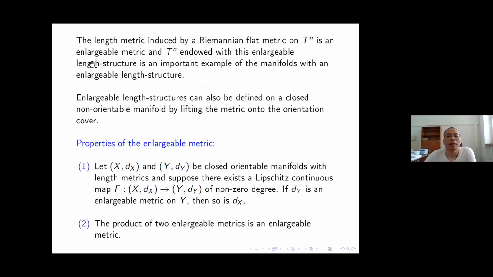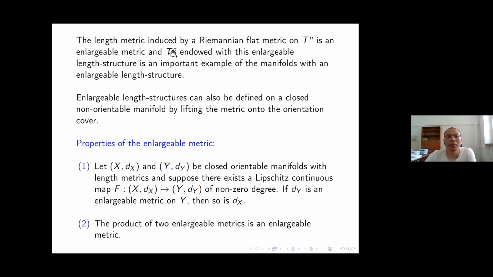Now, the example is that the n-dimensional torus automatically admits a Riemannian flat metric, and the Riemannian flat metric is an enlargeable length metric. So the n-dimensional torus admits an enlargeable length structure.